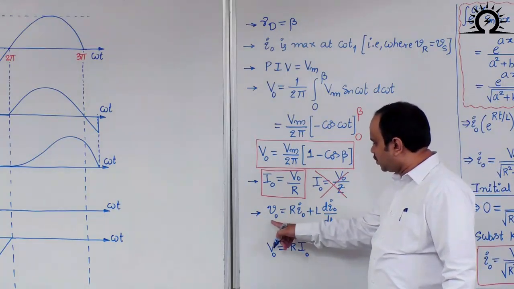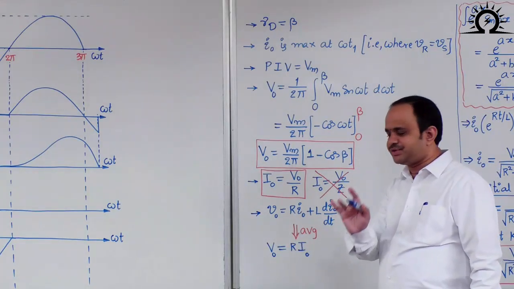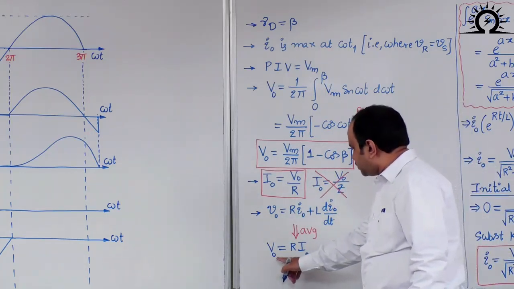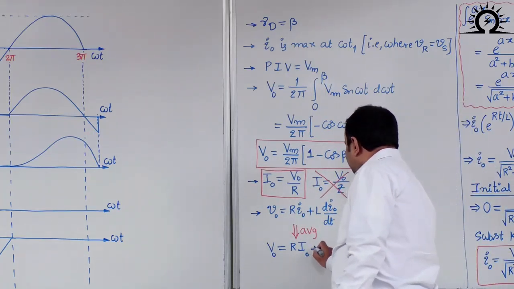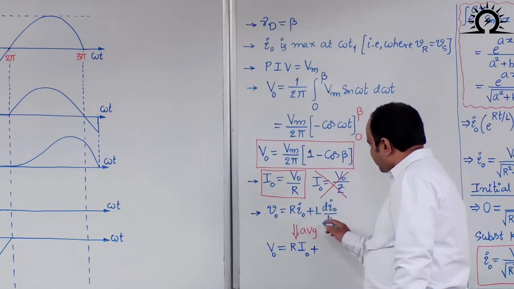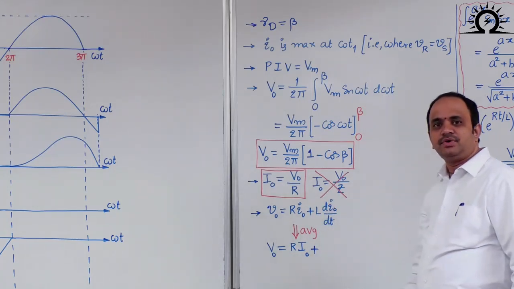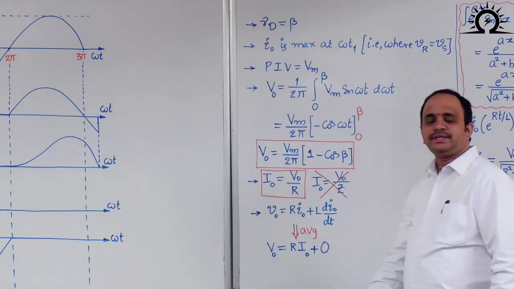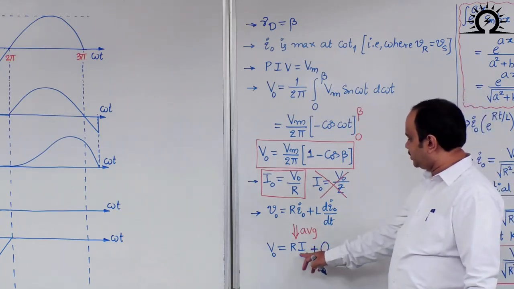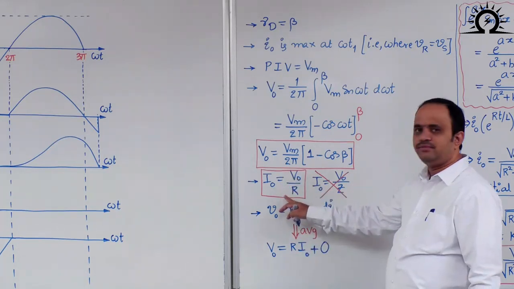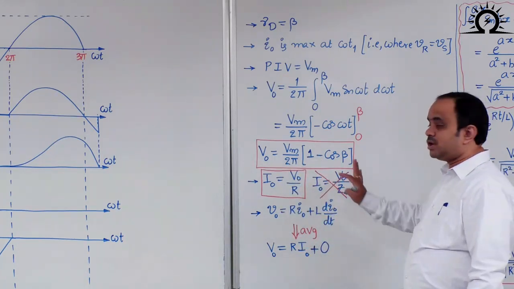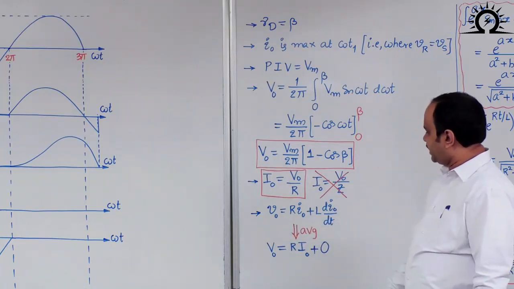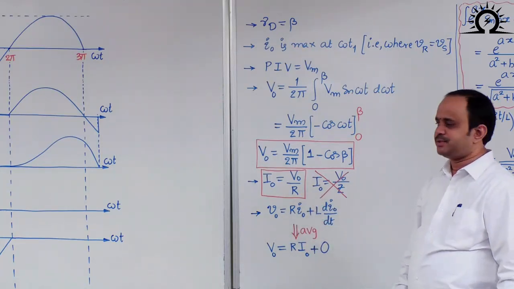That is why I am telling, don't write symbols as per your wish. Each symbol has its own meaning. Now tell me what is the average value of L dI by dt, the voltage across the inductor? That is 0 according to volt second balance. Therefore you will get I naught is equal to V naught by R, not V naught by Z. This is about the average output voltage and average output current expressions.